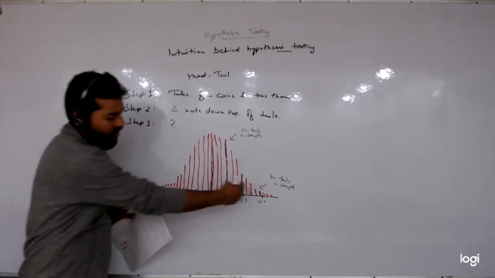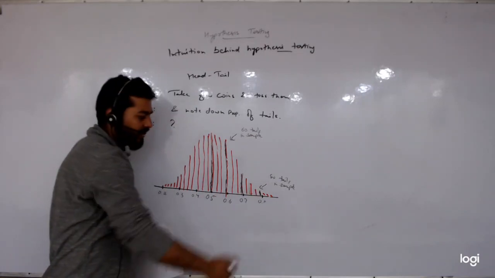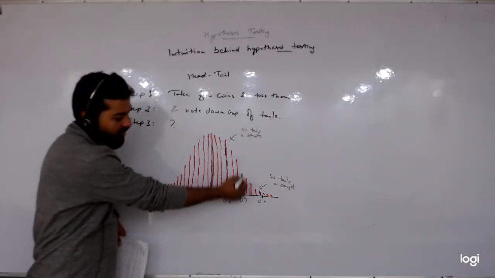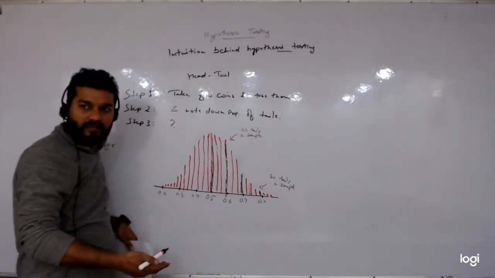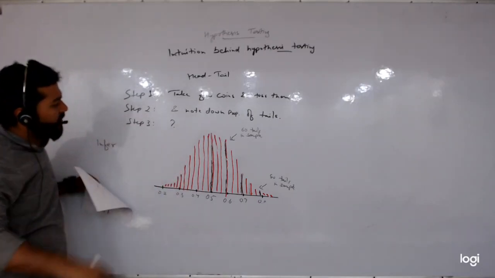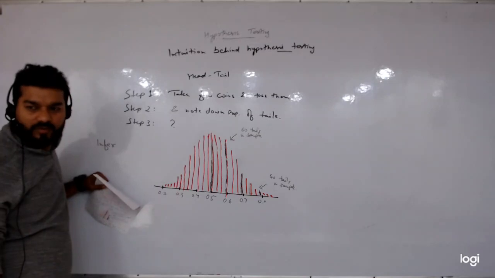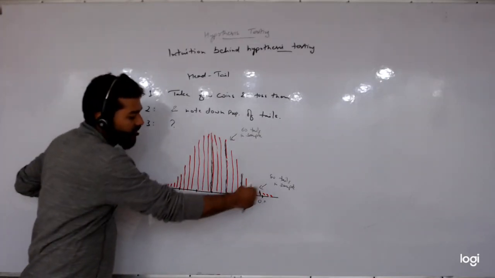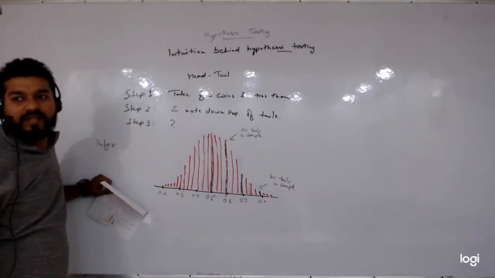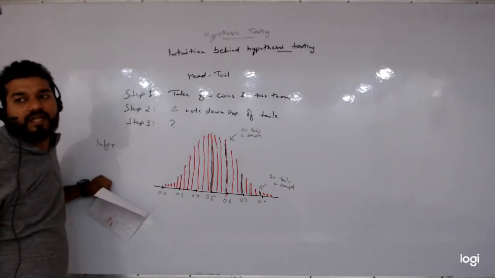So we're only going to look towards the right tail of this. Then we draw a cutoff, which is a critical value. If we take a sample and the value that we get for the proportion in the sample is towards the right of the critical value, then we have evidence against the null hypothesis.